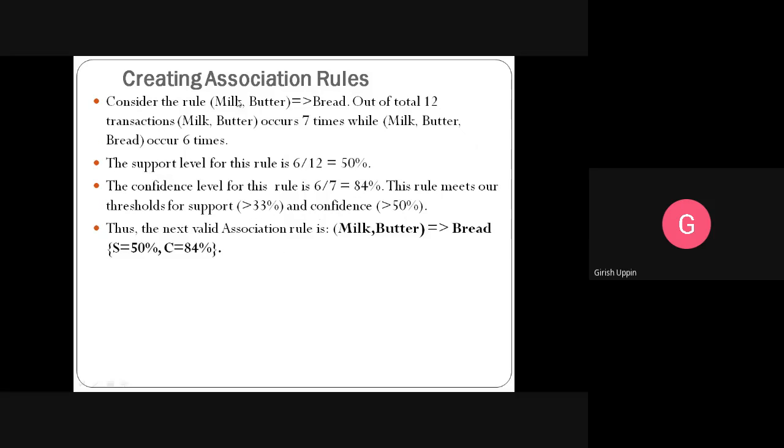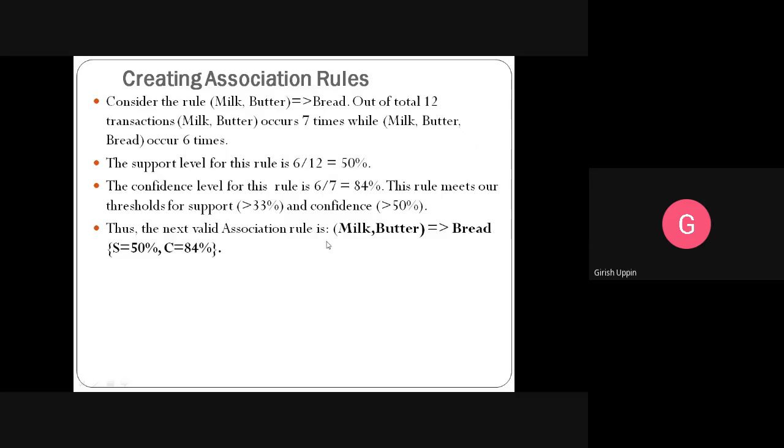One more rule, milk comma butter implies bread. So we have three products, and we are taking the combination as x. In this case, milk and butter are bought together 7 times, and all the three 6 times. And what was the support level? 6 out of 12, that is 50%, and confidence level 6 out of 7, that is 84%.